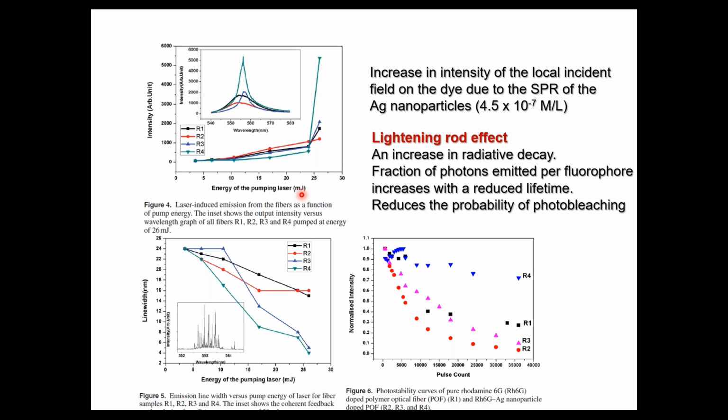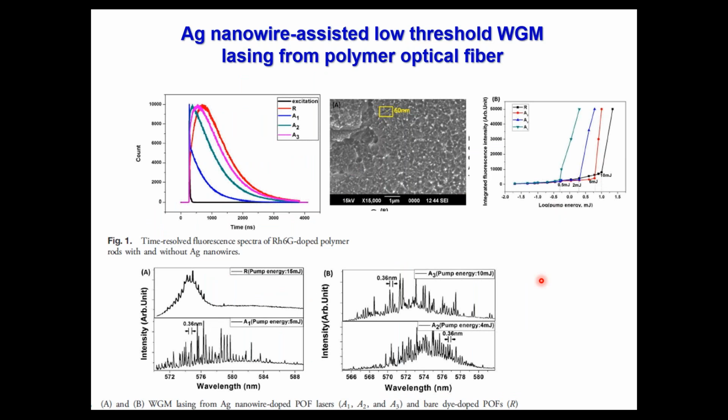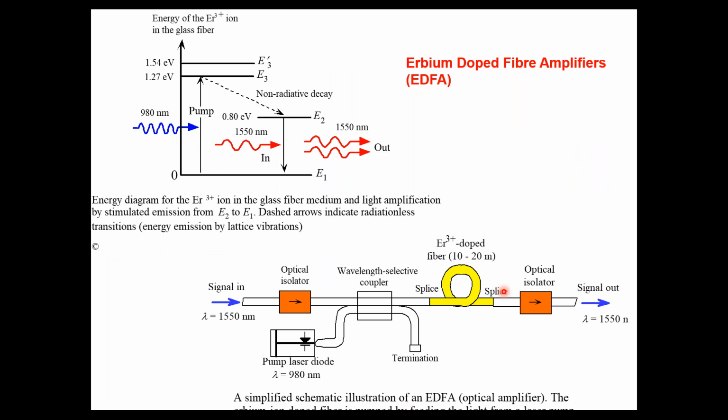That means it can enhance the photostability. Similar studies were done with silver nanowires as well, and for a particular concentration of such silver nanowires, we got a very low threshold for lasing compared to the microstructures that don't incorporate any silver nanoparticles.